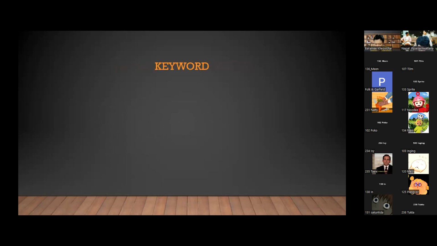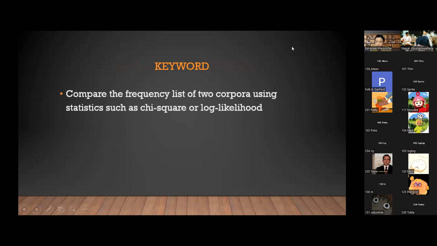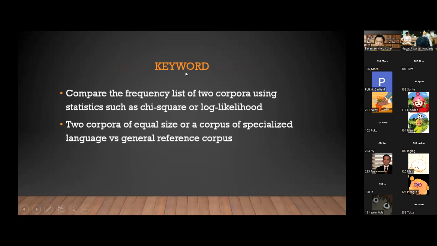Now, if you compile your own corpus, sometimes we want to know which words tend to be specific, or used a lot more frequently in our own data. Then we need to use another tool called keyword. What it does is compare the frequency lists of two corpora, using statistics.